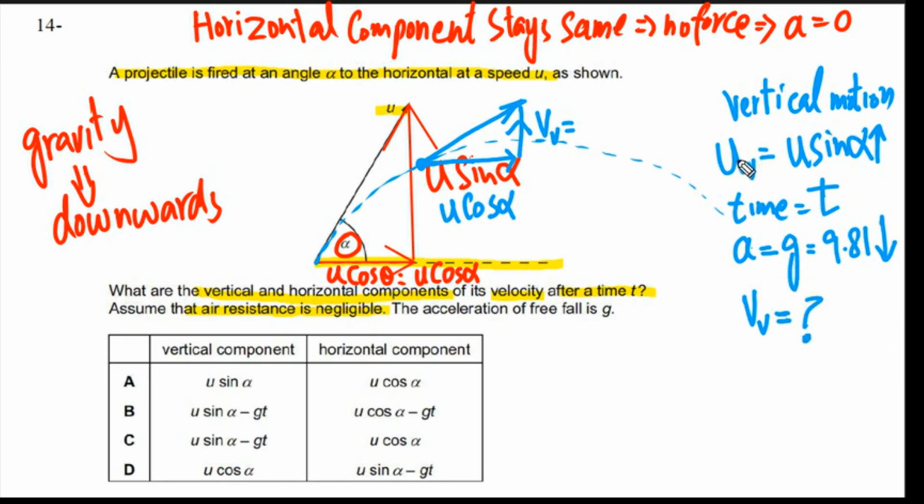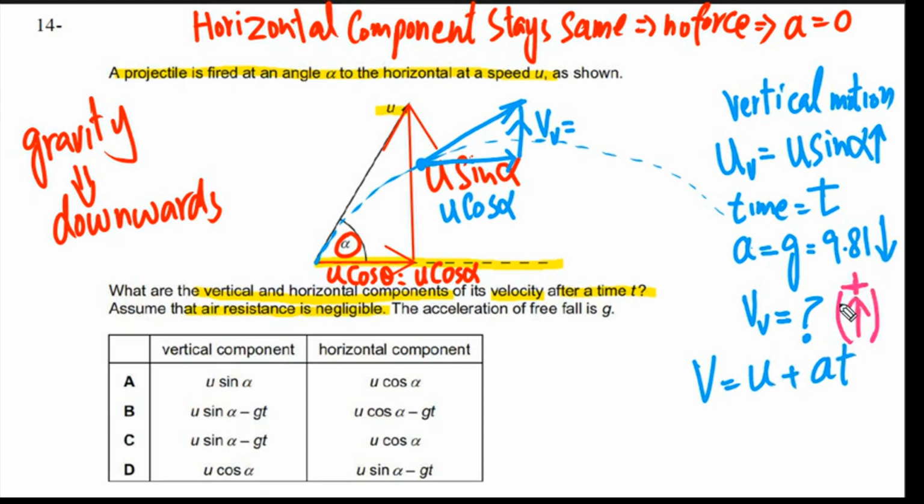As you can see here, u is given, t is given, a is given. Simply we can use v is equal to u plus at. Before we plug in values, we need to understand that as the initial vertical velocity is upwards and the acceleration is down, we need to take one direction as positive. As the initial direction of motion is up, we will take up as positive to make our calculation simpler. We can also take down, but it doesn't make a big difference.